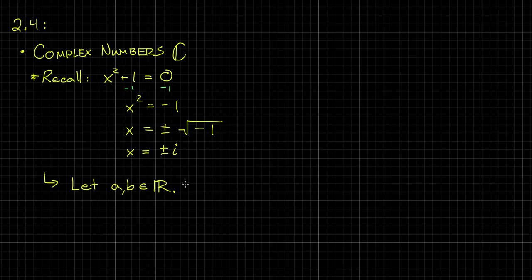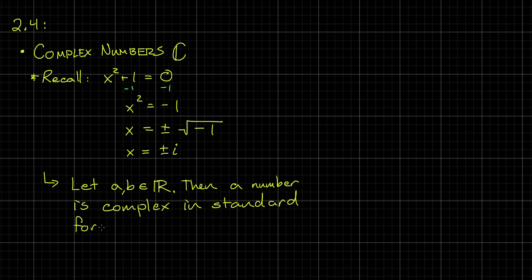Then a number is complex, and I would just use that blackboard C if I were you, in standard form if it can be written, and I'm going to just pause for dramatic effect.